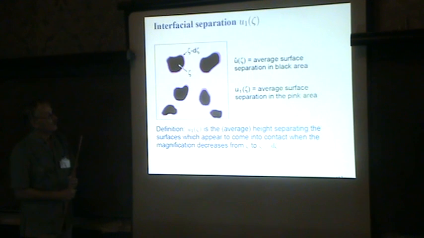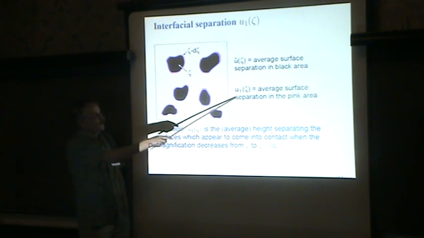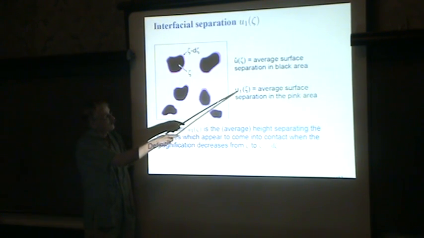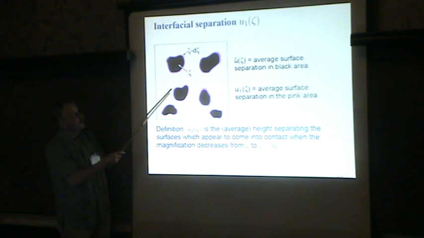And finally, I need one more quantity to complete things, and that is what I call the average separation. I write it as u1. It's defined in the following way. We look at the interface at a given magnification, which I call zeta here. Now we slightly reduce the magnification. Then we have a bigger contact area, so this contact island must grow.